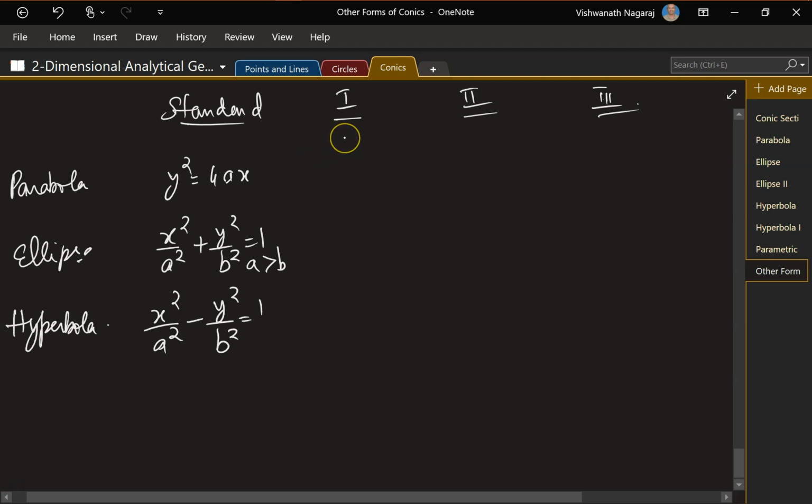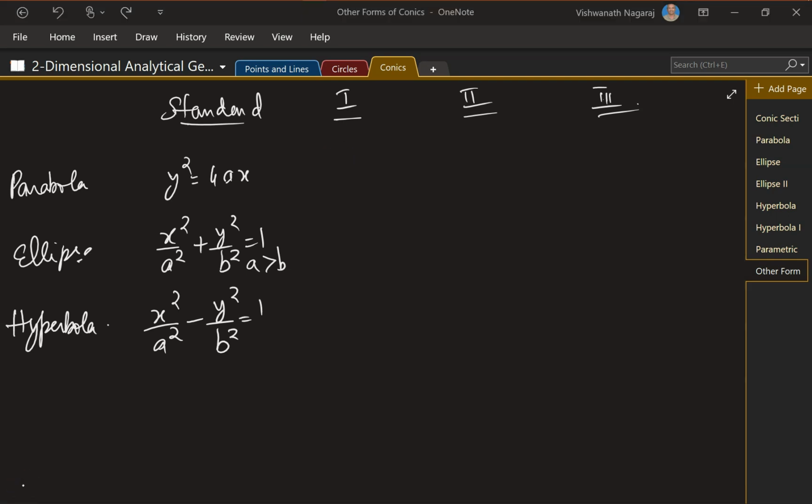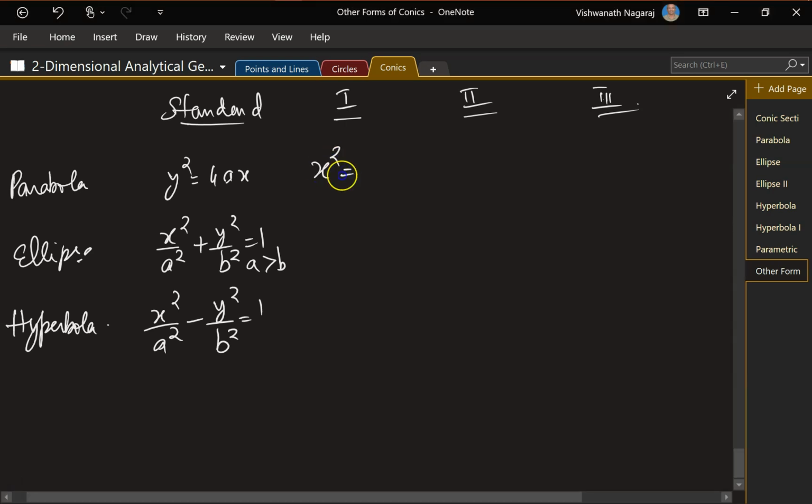So to get the type 1, what do we do? We interchange x and y. So in case of parabola, we say x square is equal to 4ay. There is no b, so no question of interchanging a and b. Now in case of ellipse, x becomes y, so y square, a becomes b, plus y becomes x and b becomes a.